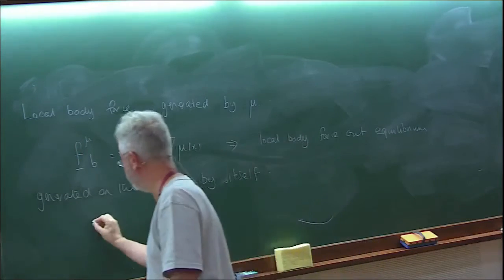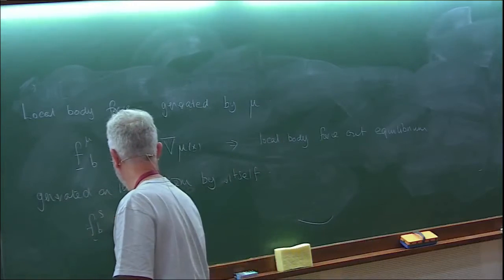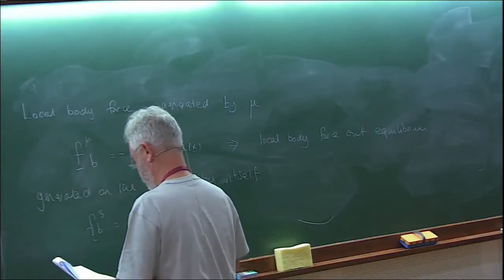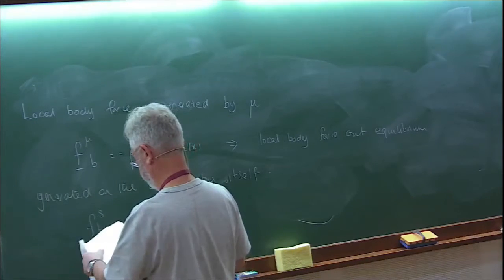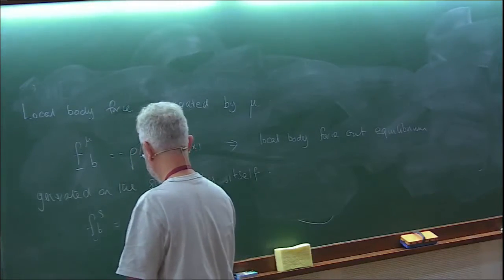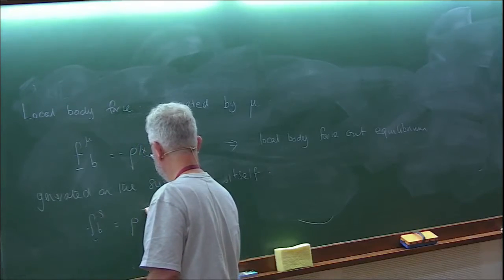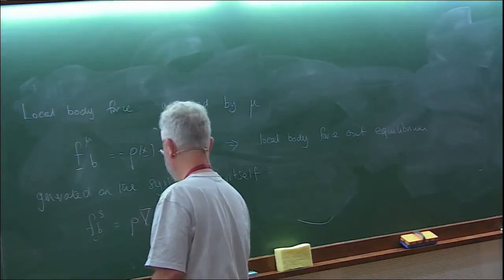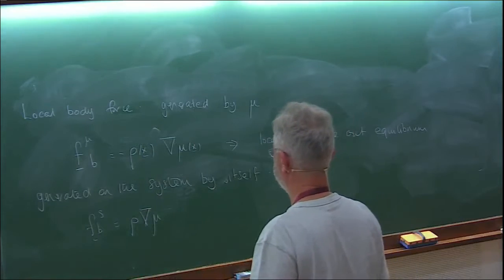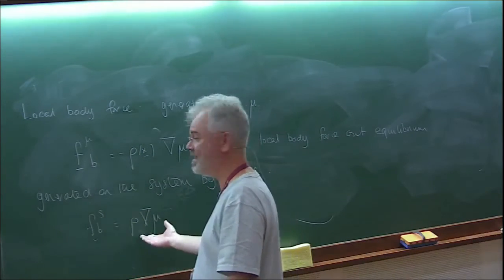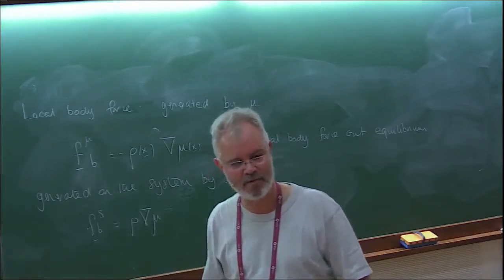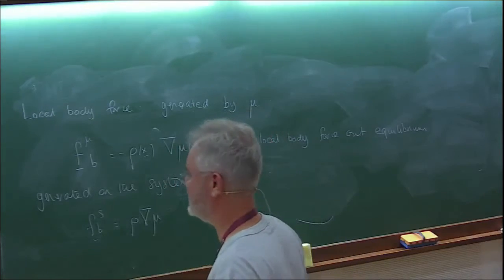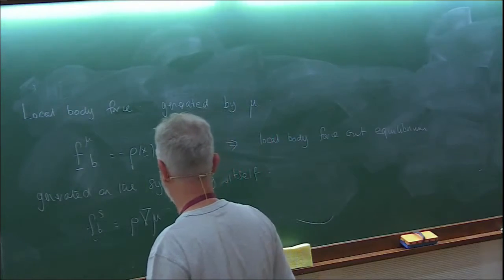It must be F body self, which is equal to rho times grad mu. The minus sign has changed. So basically I'm deriving the chemical potential because I'm changing the sign, telling me which way the current is flowing.